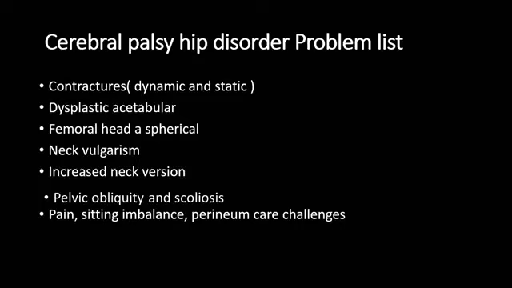Dysplastic acetabulum is another problem because of the poor femur-acetabulum articulation. The femoral head, of course, becomes spherical, one because it's not molded by the acetabulum. The neck is in valgus position, with increased anteversion, pelvic obliquity, and scoliosis. The other problems they have are pain, sitting balance, and perineal hygiene.